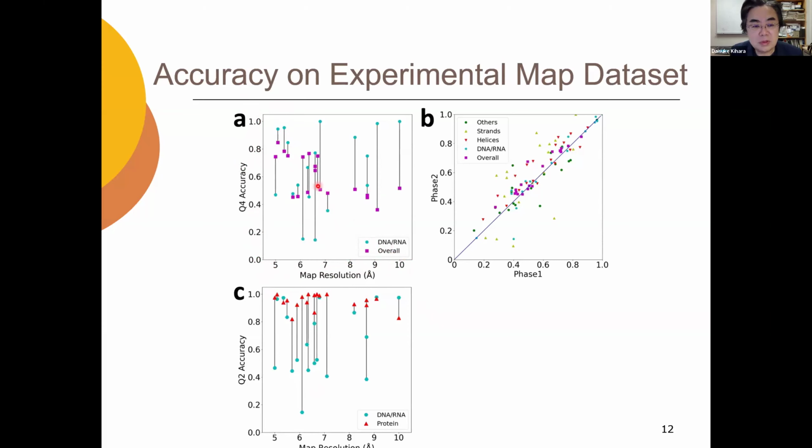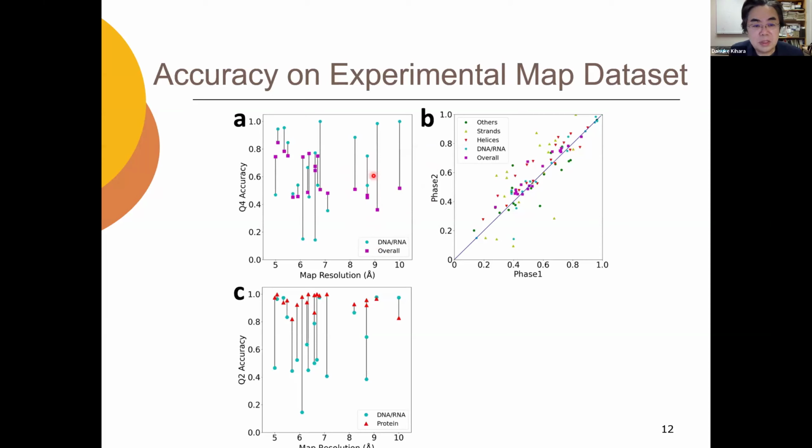When the resolution is up to 7 angstrom, in most cases accuracy is about 80%. When it goes to 8 to 10 angstrom, accuracy drops to around 50%. But by eyes, you don't really see anything at a resolution of 8 to 10 angstrom.